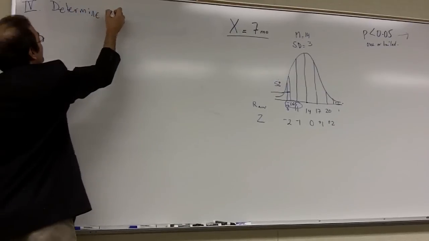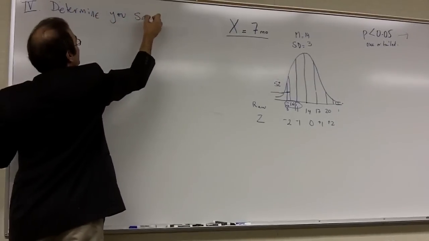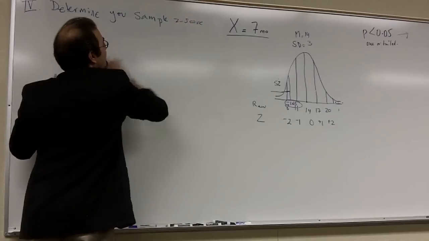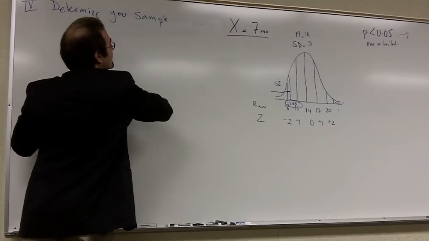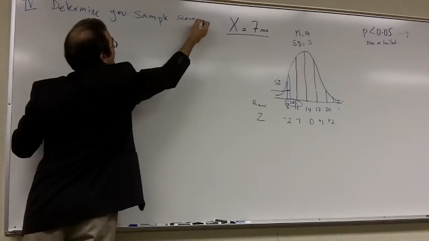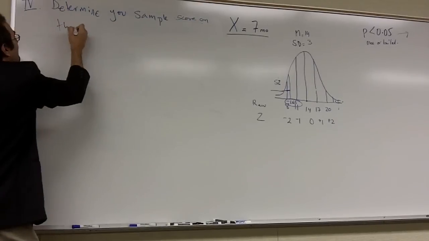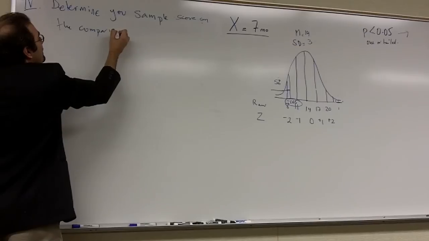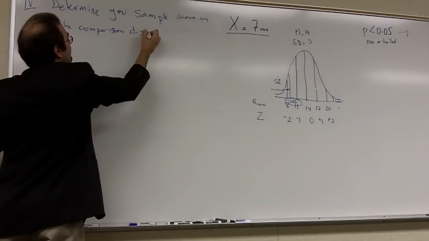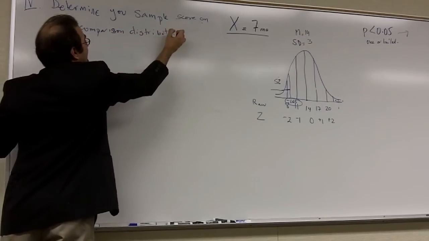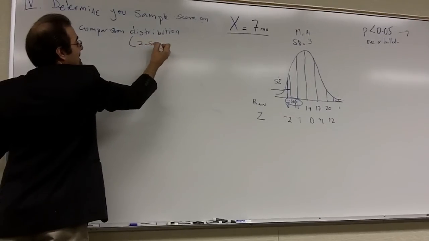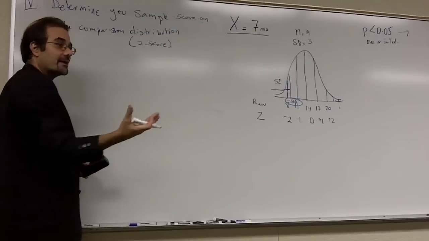Determine your sample z-score, or determine your sample score on the comparison distribution. And basically, it is finding out your own sample z-score. And to do that, you've done that in the past.